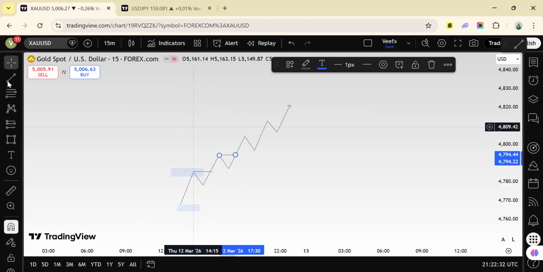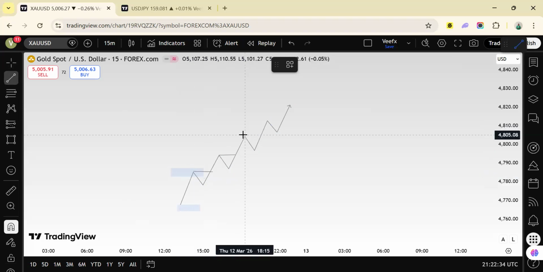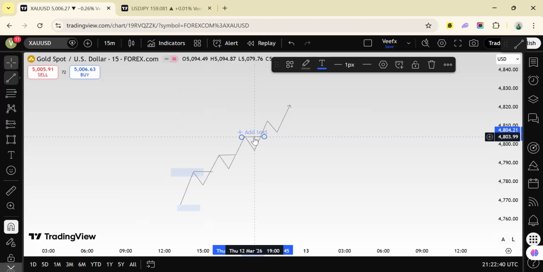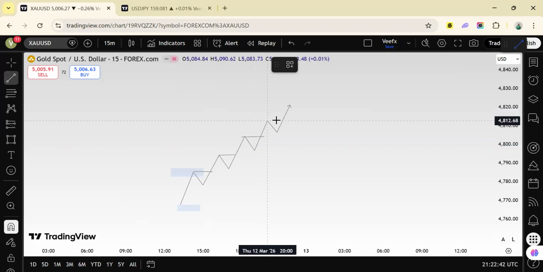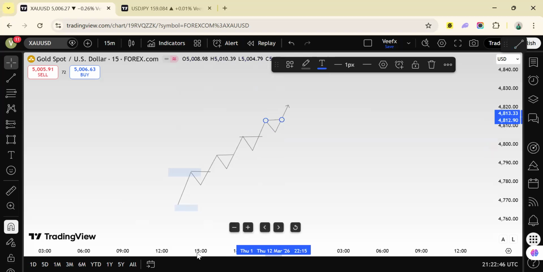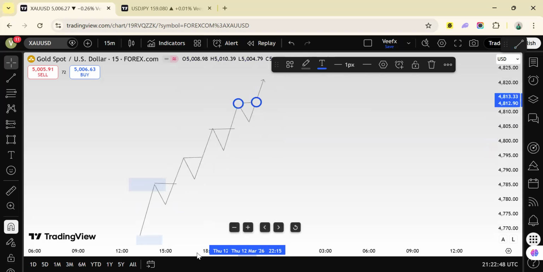For this same zone, there was another break of structure here, and another one here to the upside. So this is an uptrend. I hope you guys are following me. This is a single break of structure because price is only taking out one particular high.